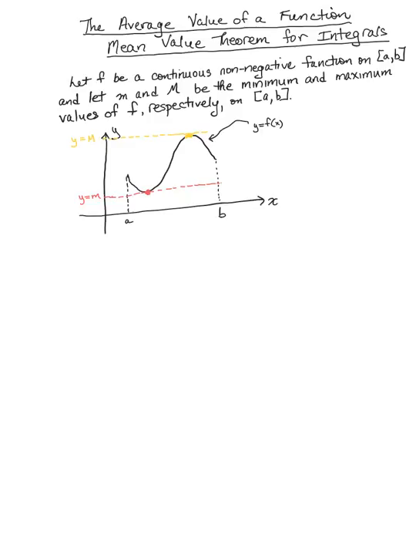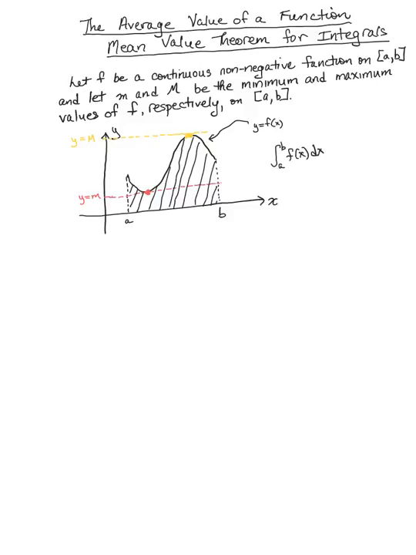Okay, so in order to motivate what the mean value theorem for integrals is, we talk about the actual area under the curve on a, b. So it's this area I'm shading in here. And that area is represented as the definite integral from a to b of f of x dx.